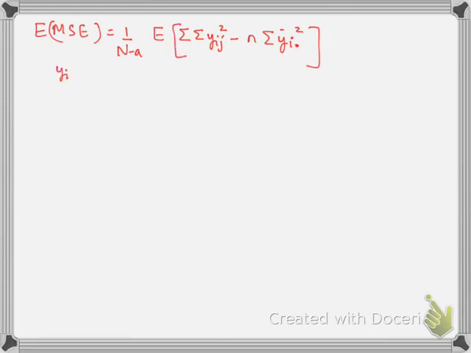Now we know yij is equal to mu plus tau i plus epsilon ij. That's the effects model, where epsilon ij is IID normal with mean 0 and variance sigma squared.